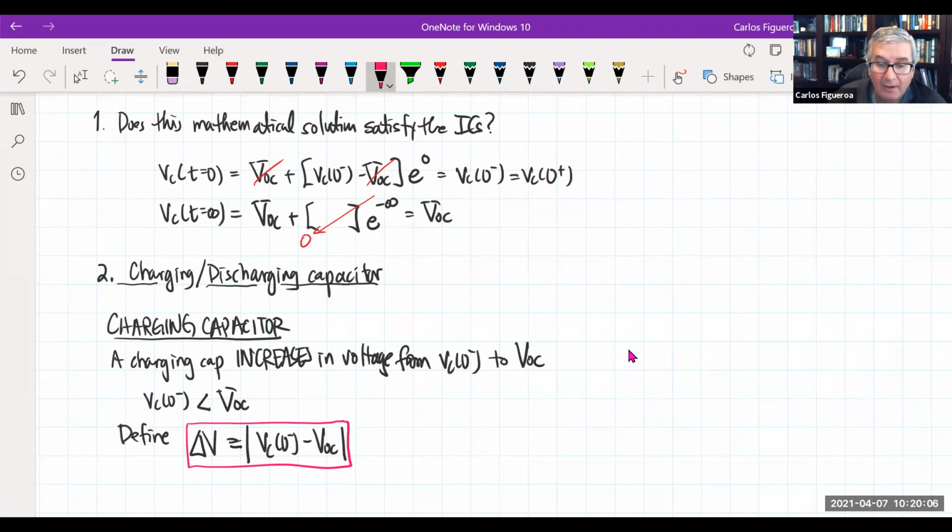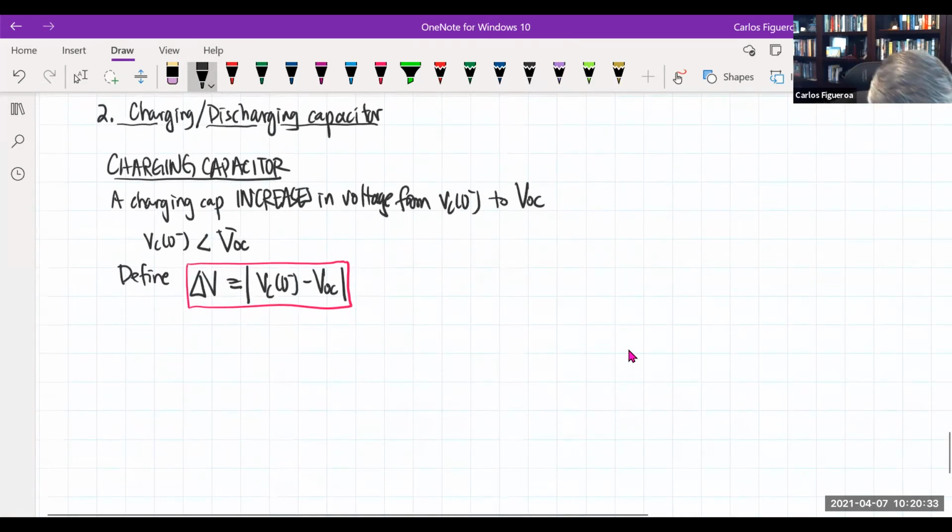Now let's go look at the solution. When I look at a charging capacitor, what does this mean right here? I'm going to scan down a little bit.